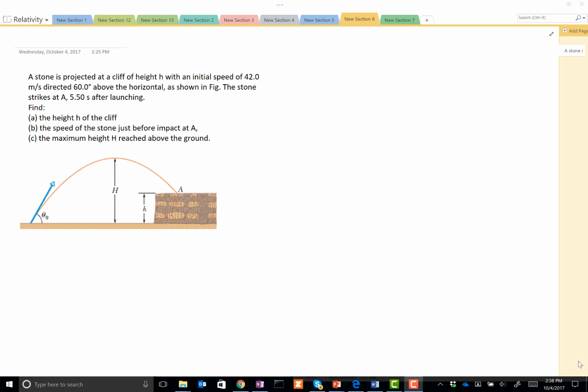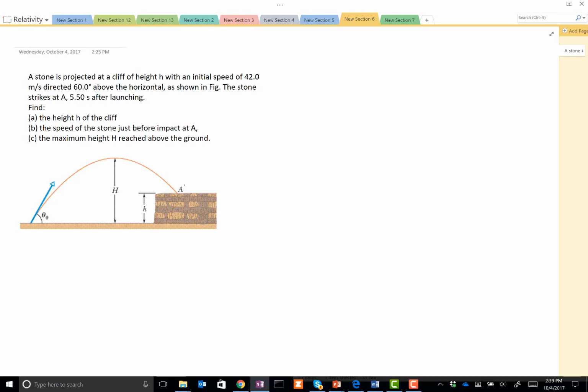Okay, in this problem we have a stone that is projected at a cliff. It is thrown with an initial velocity of 42 meters per second at an angle of 60 degrees above the horizontal, and it strikes at point A, and at that point the time is 5.5 seconds since the stone was launched.